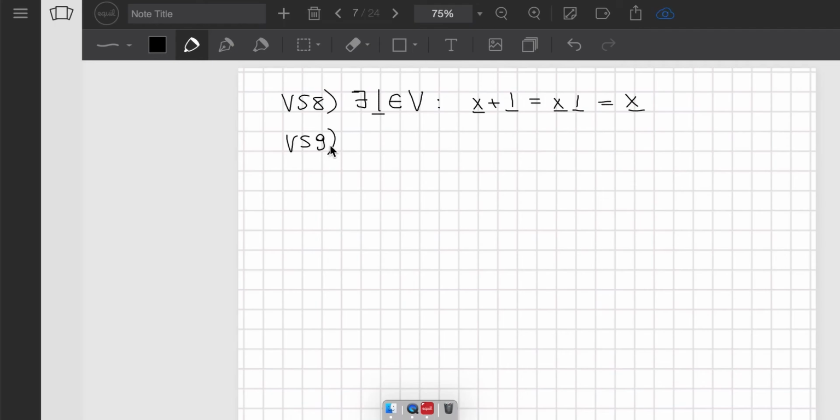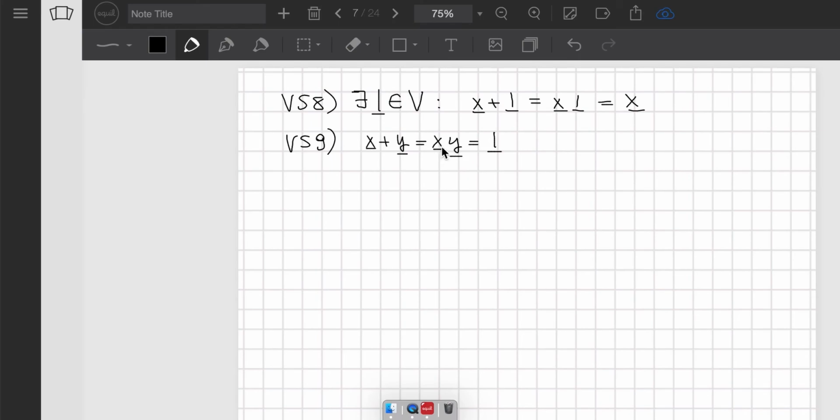Okay, VS9, we have to show that there is an additive inverse. And here what we want is a number such that its product is equal to 1, since 1 is the zero vector. So if we take x and add it with y, this is equal to x times y, and we want this to be equal to the zero vector of the vector space V, which we said was 1.